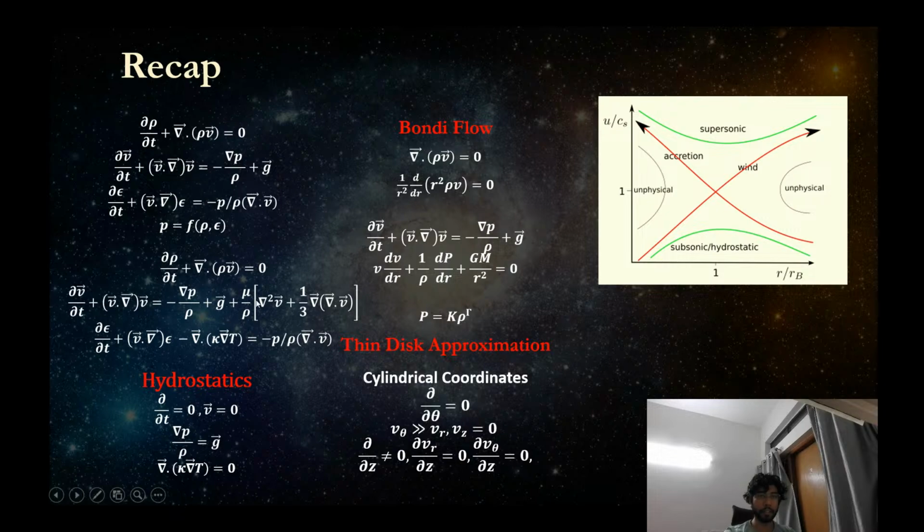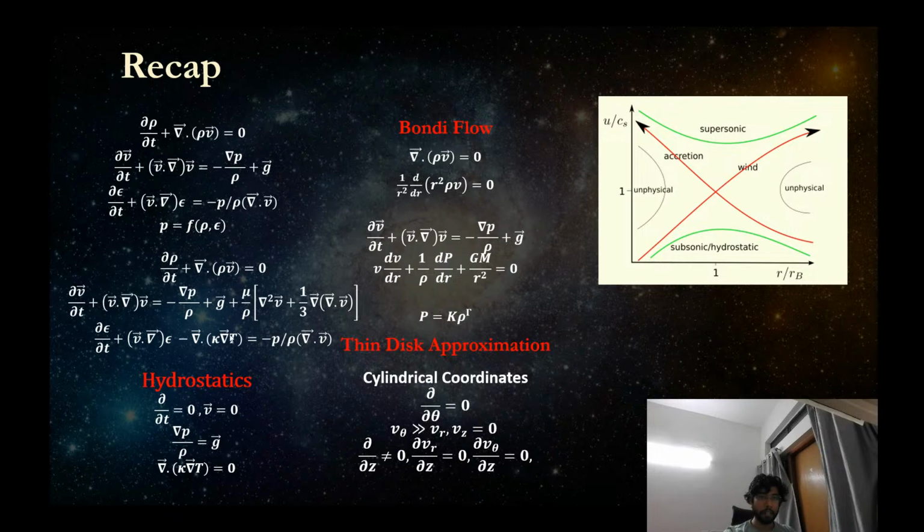It gets modified like this, and we get an extra term, which is the viscous force term, which contributes to a change in the velocity. Similarly, we get an additional term here. So this is how the equations get modified in case we have some non-conservative forces, like the viscous force, for example.